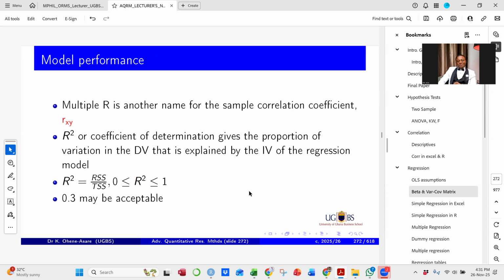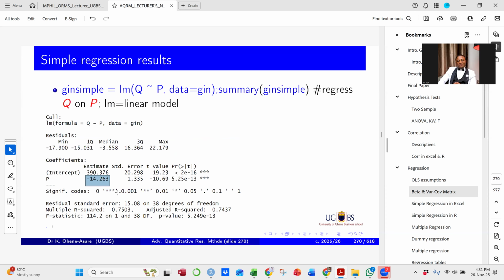When you go to the table, the test statistic is there, approximately 10.69, so it's similar to the one that we have. So how do you do that? What I did was to divide the coefficient by the standard error.